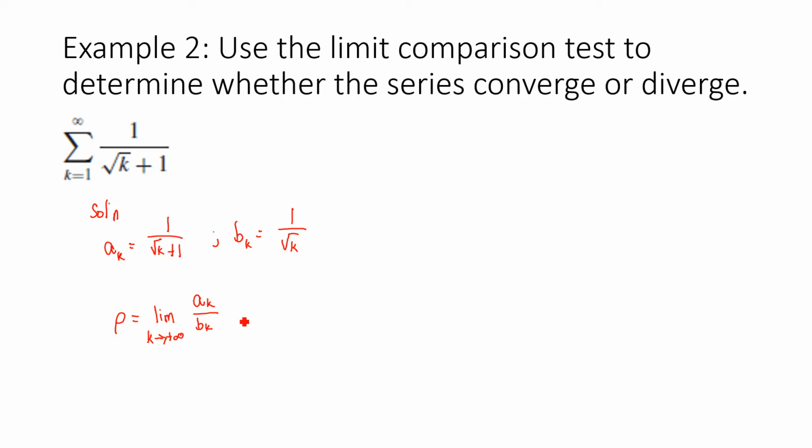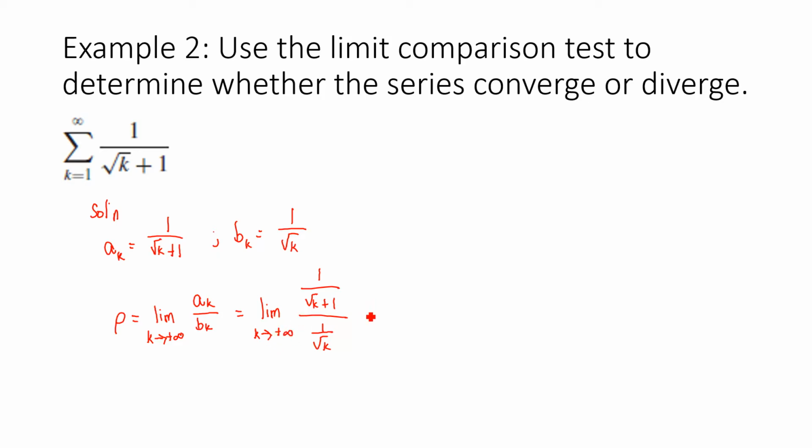Okay, so in this case, we could have the limit of our a sub k: 1 over the square root of k plus 1, over 1 over the square root of k, as k approaches positive infinity.